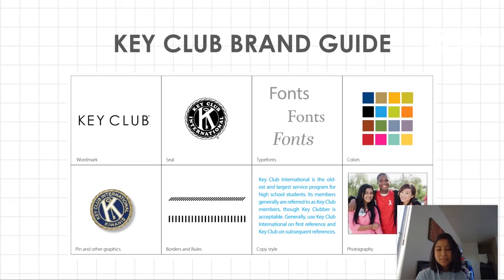And the purpose of this brand guide is to maintain a level of professionalism and consistency throughout all the Key Clubs. So I won't go over all of it. You probably already know about it if you're an editor. You can just read the PDF and you'll be good.